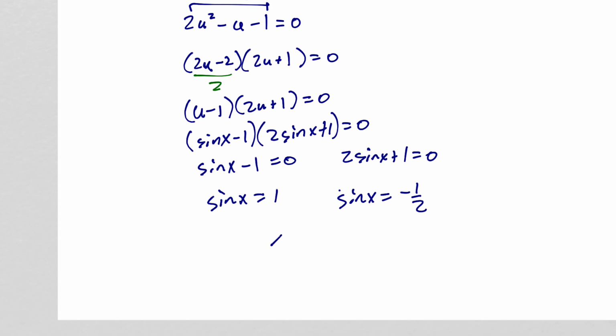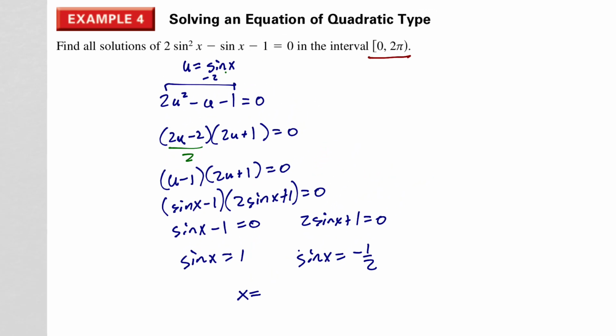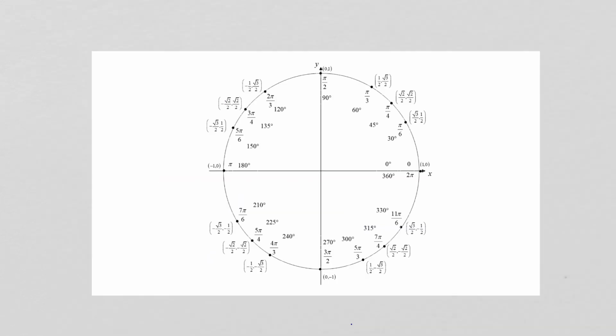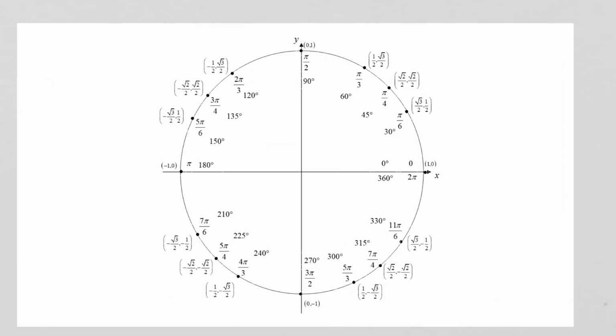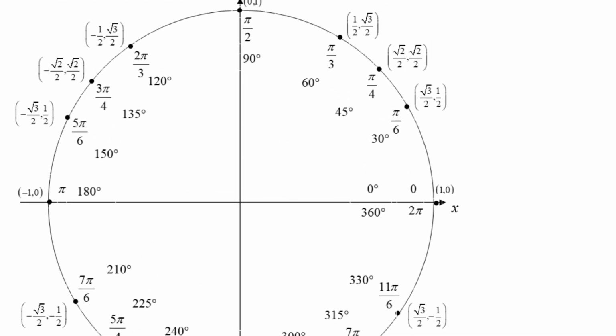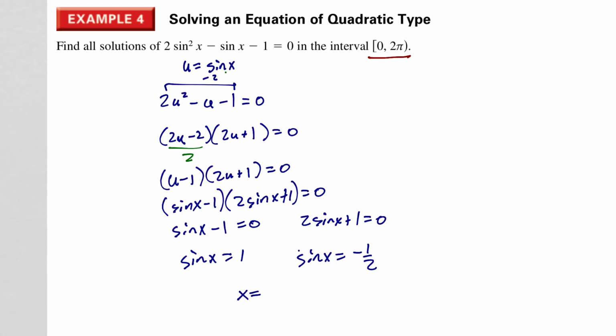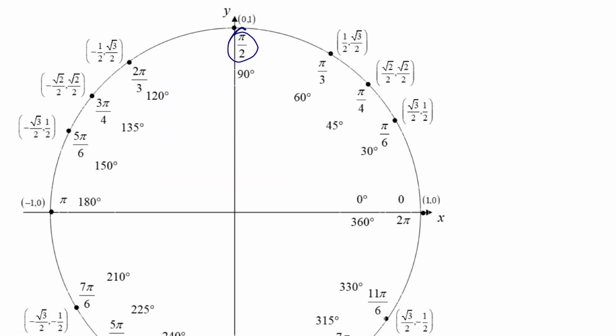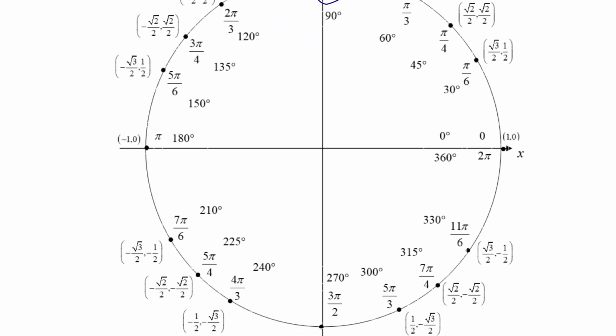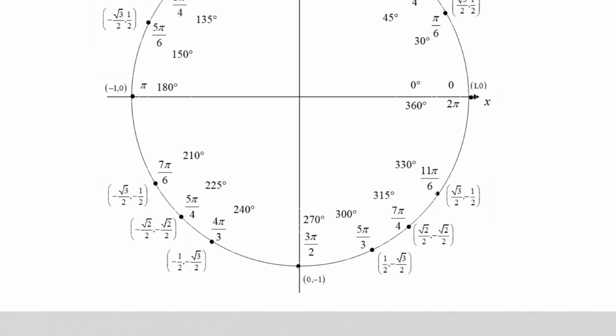In this case, we're going to find all the values of x for which this is true between 0 and 2 pi, so just once around the unit circle. So when sine is 1 or -1/2. All right, in this first quadrant, sine is all positive, but it's 1 at pi over 2. So that's my first solution. Sine is still positive in the second quadrant, third quadrant, sine is negative.